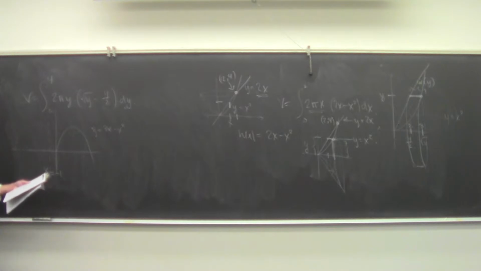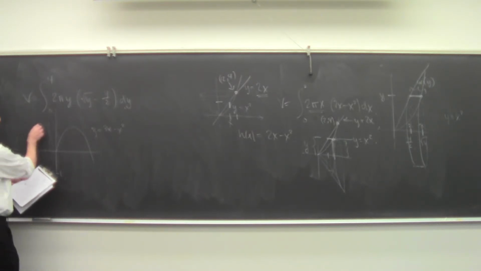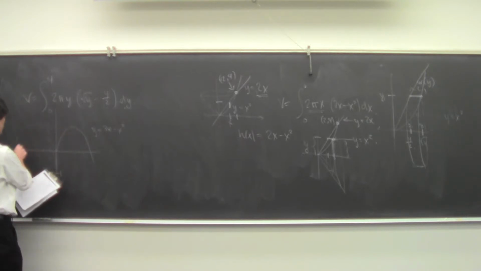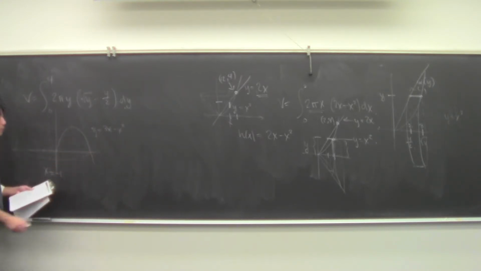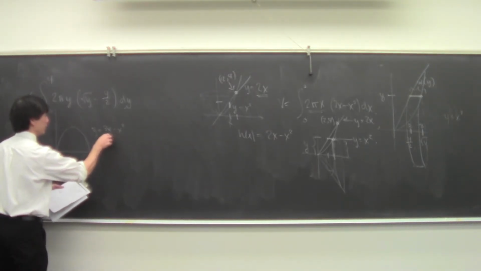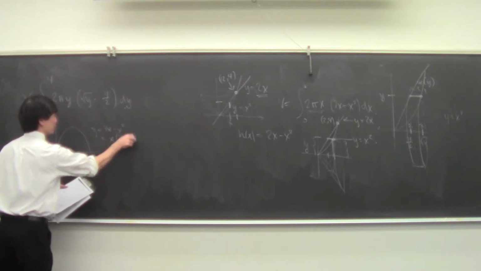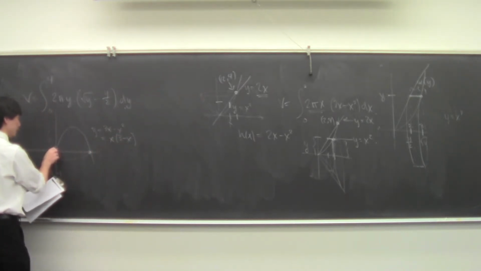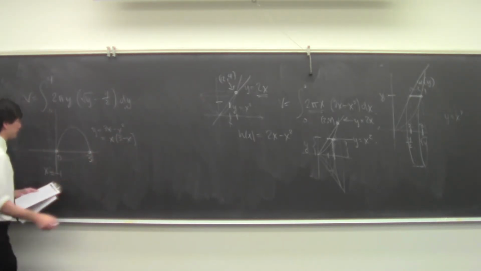Let's do it by the method of shells. Remember that this was the same thing as x(3 minus x), which meant that we intersected at 0 and 3.